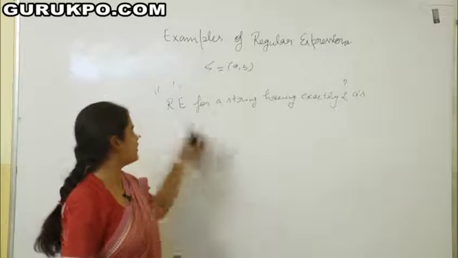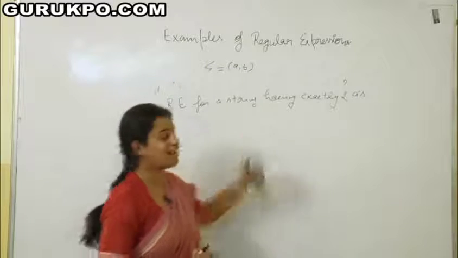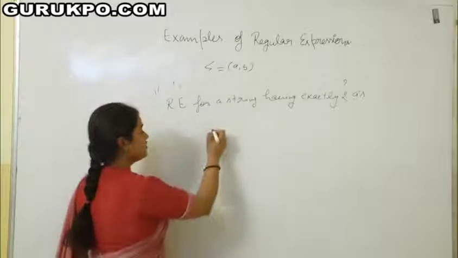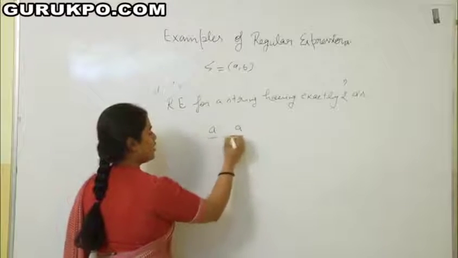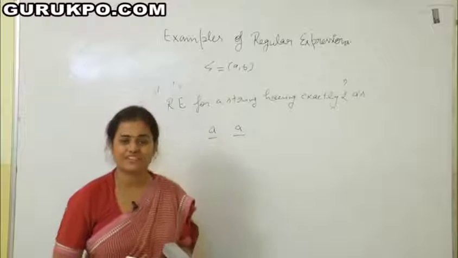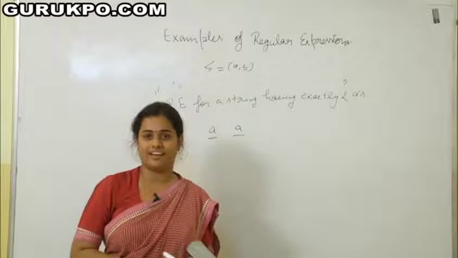Exactly 2 A's. I have to write a regular expression for a string which is having exactly 2 A's, which means it will contain 2 A's. There is no restriction over B, whether B is here or not.